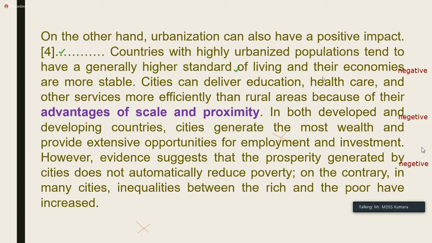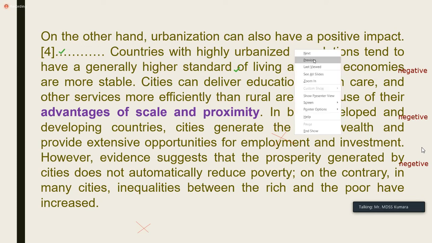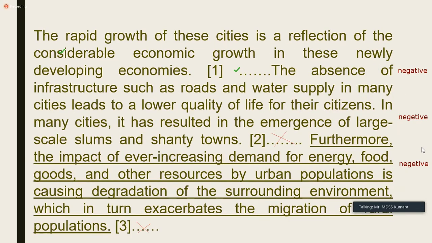But you have to consider the other sentences as well. Most of the other sentences in this paragraph give positive effects of urbanization: the second sentence, third sentence, fourth sentence. Of course, the last sentence is the summary, so it gives both sides.